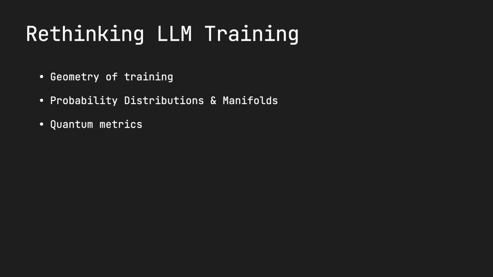And lastly, we're going to look at how it connects quantum mechanics, Hilbert spaces, to LLM training. So there's a lot of deep, intricate connections that this paper makes. This paper is about a new and a different way of thinking about the geometry of LLM training.